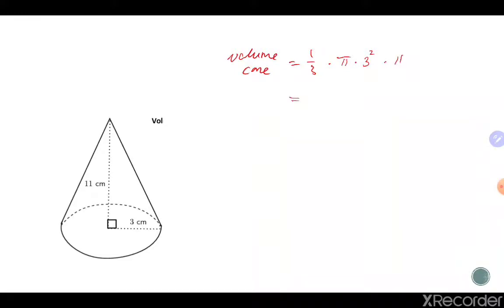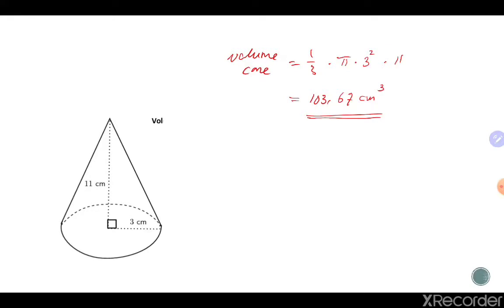So let's put it in my calculator. So pi times 3 squared times 11. So that's 103.67 cubic centimeters.